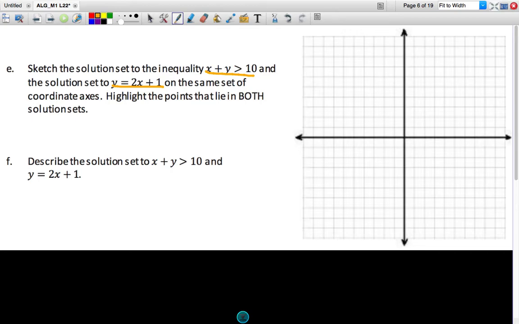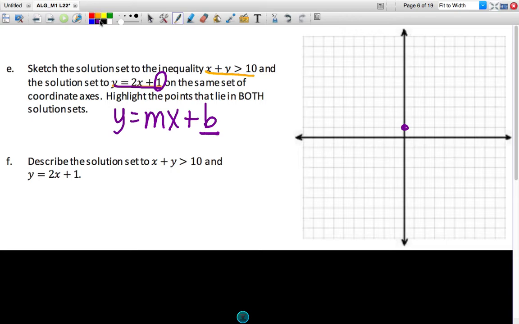We still take the same steps, so let's first start with this equation here. Remember, in order to graph the equation, it has to be in slope-intercept form, and slope-intercept form is y equals mx plus b. So we always want to start with our b because our b is our y-intercept. In this case, it's 1. So we're starting at 1.